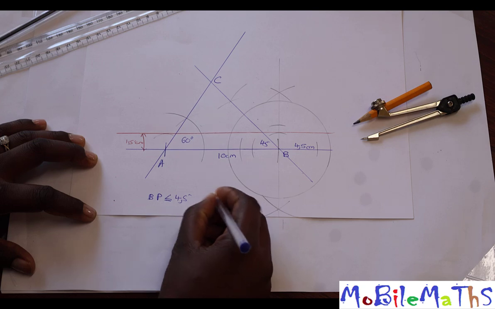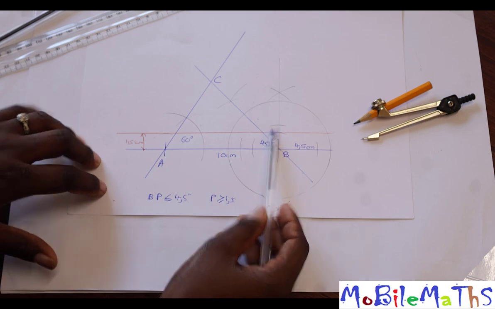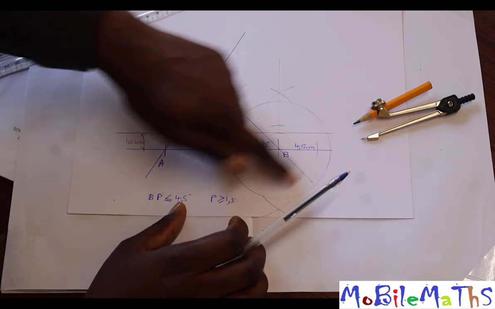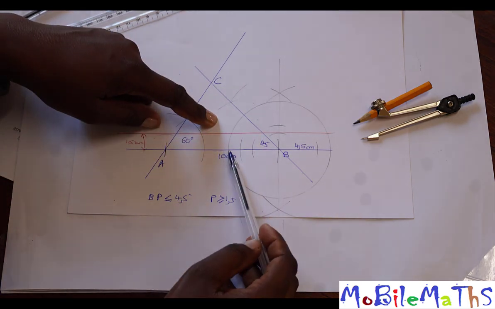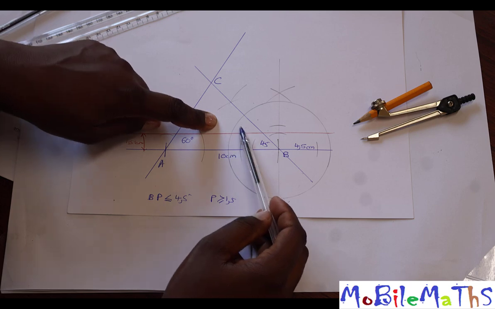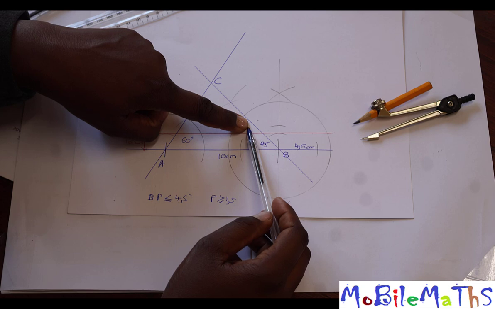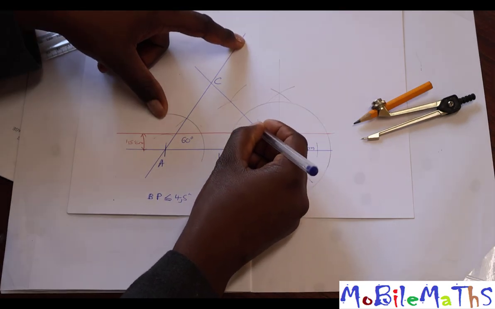Then the other point is saying P is greater or equal to 1.5. So it's within the circle but greater than 1.5. So you find out we are within the circle, which is inside the triangle here, then above 1.5, which is above this red line. So it means it's lying inside here. Then they say shade clearly the region, so you can come and shade this region here.